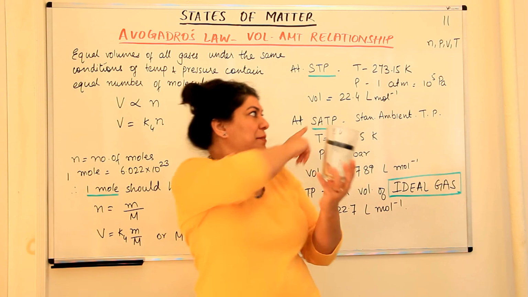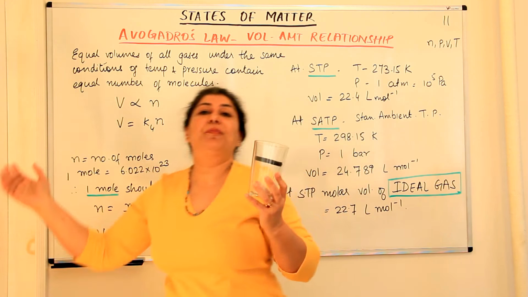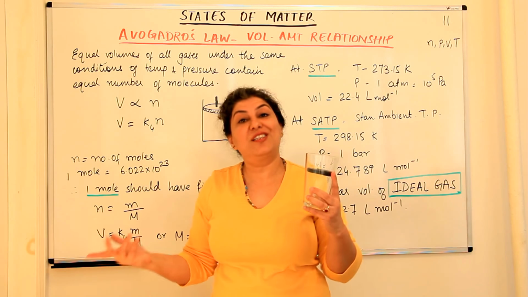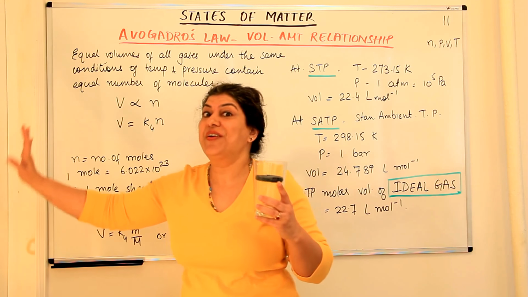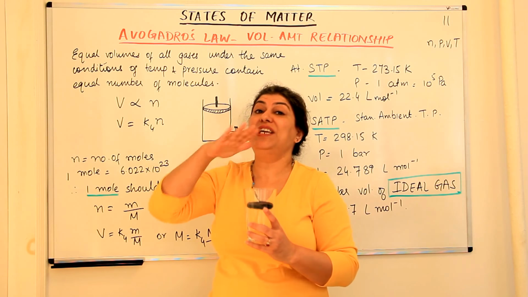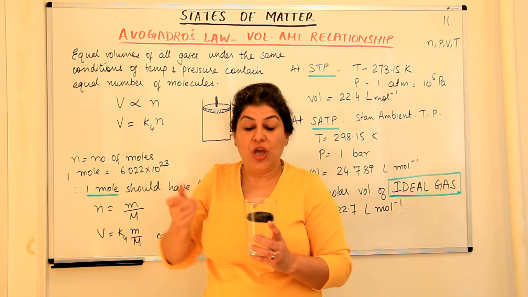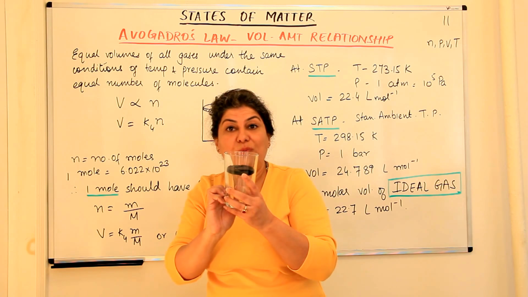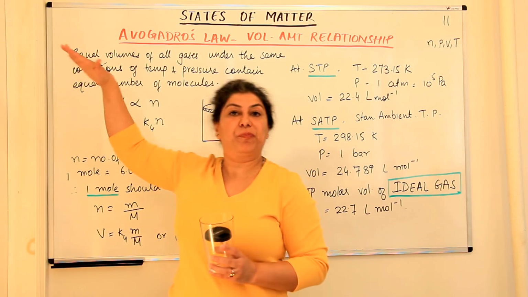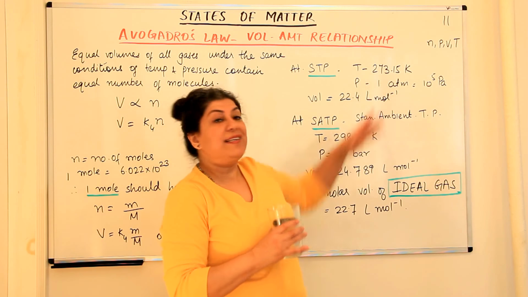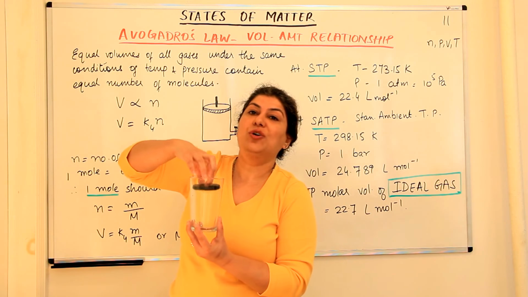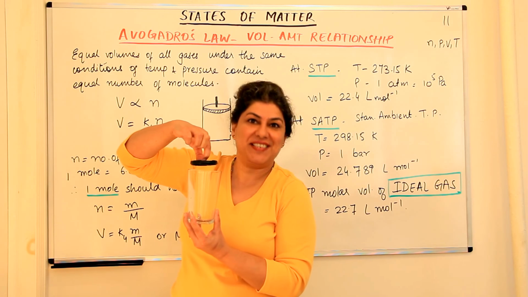The energy is the same because the temperature is constant. So the number of bombardments remains constant, which means the pressure becomes equal to the atmospheric pressure. So what happened when you added more molecules? In order to keep the pressure constant at a certain temperature, the volume automatically increased.